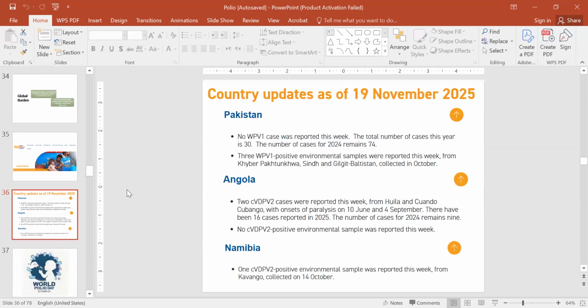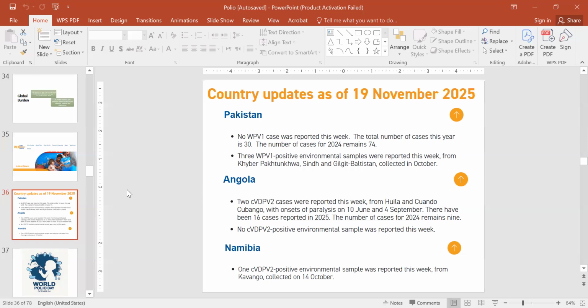This is the update available on their website from 19th November 2025 that in the week before 19th November, no WPV1 case was reported from Pakistan, but a total of 30 cases were reported from the country, and three environmental samples were positive from Pakistan, including KPK, Sindh, and Gilgit-Baltistan.